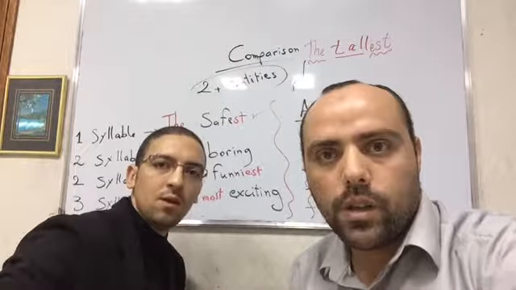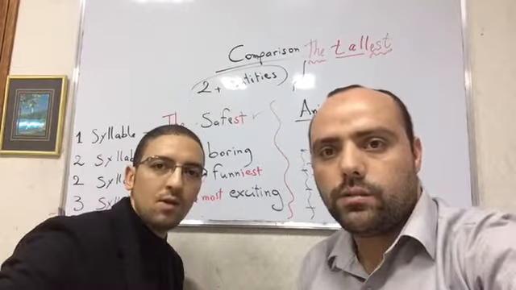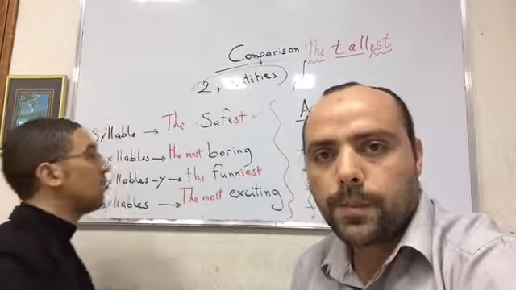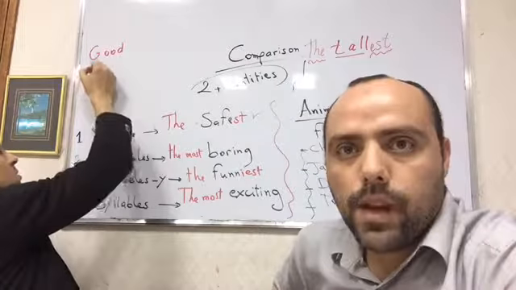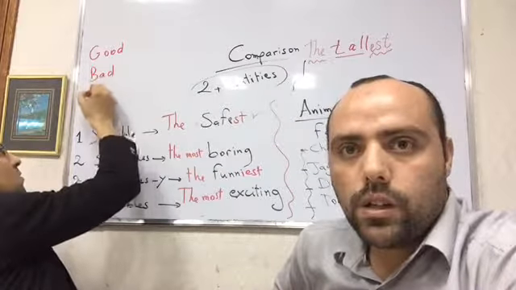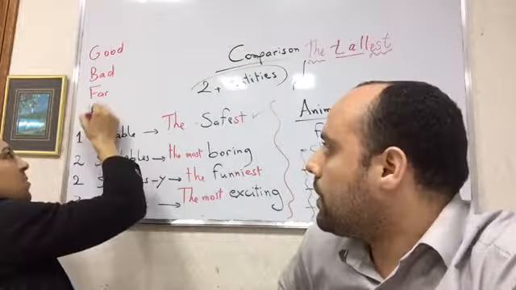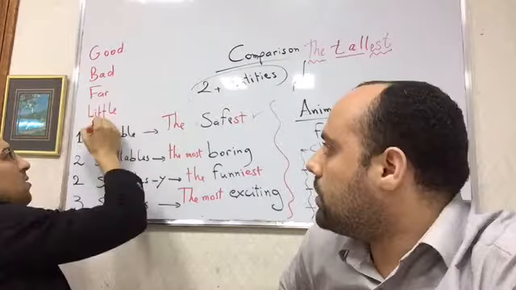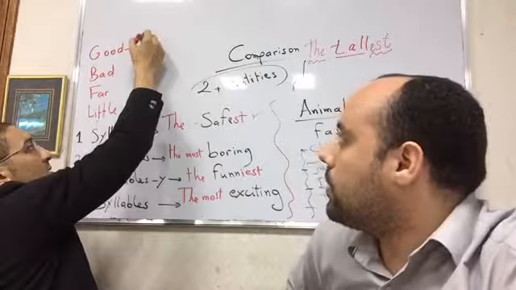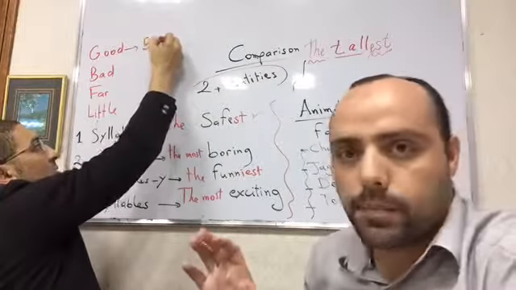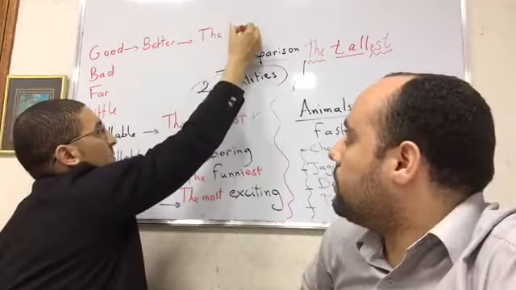Here Abu Sudais just mentioned something that we need to cover: irregular adjectives. We have adjectives like good, bad, far, and little, but we'll focus only on these three because they are common. Good in the comparative form is better, but in the superlative form it is the best.